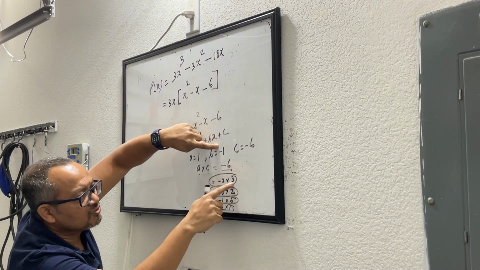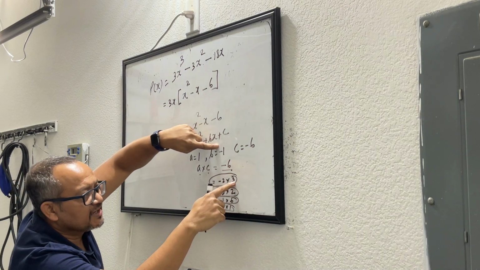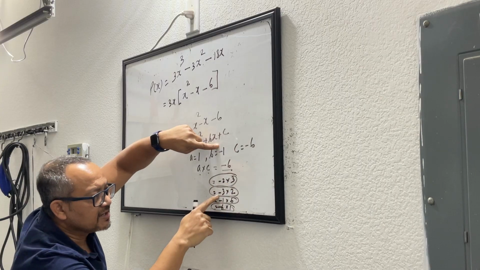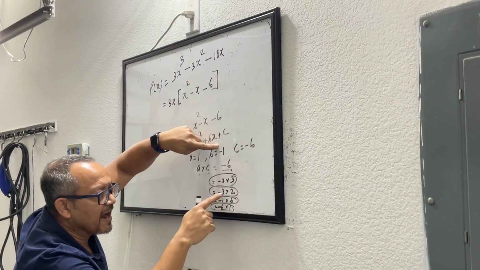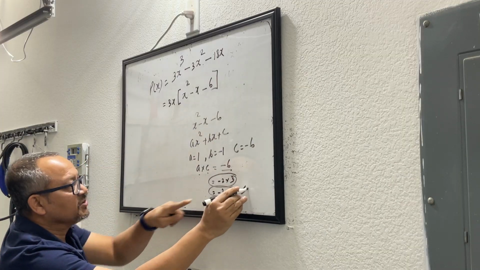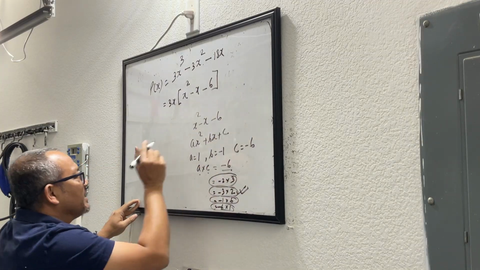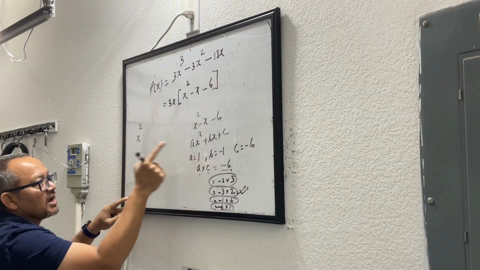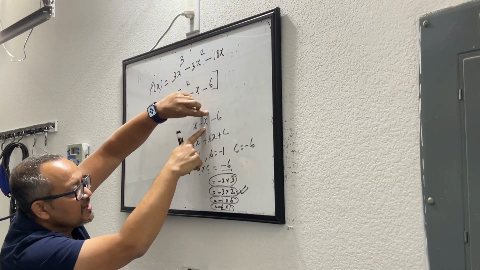When you add these two, minus 2 and plus 3, it gives you plus 1. Minus 3 plus 2, how do you add these two to get a minus 1? Obviously this one looks to be the case. Minus 3 and 2. And all that we did was to find out how I can break this one.